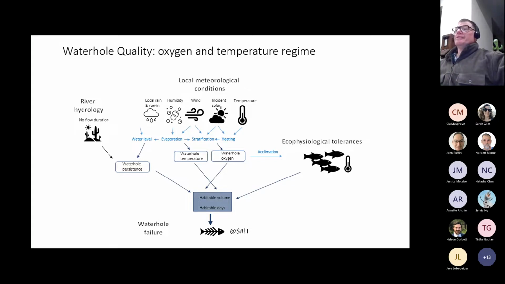And we've also worked with colleagues at University of Queensland to better understand the ecophysiological tolerances of the fish that do live in our systems in the Queensland Murray-Darling. That's been brought together into models that represent the habitable volume of waterholes, so how much of the waterhole is actually suitable for fish as habitat, and particularly focused on identifying days where waterhole failure is likely based on thresholds of tolerability being exceeded.